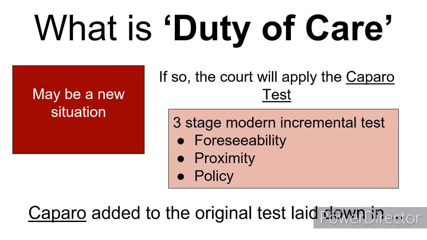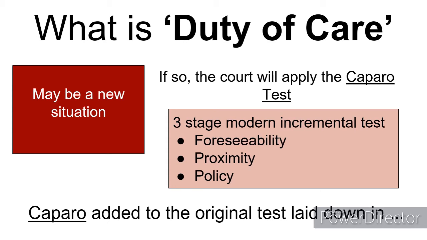So if it's a new situation, the court will apply the Caparo Test. And please note the spelling of Caparo. It's 1 P, 1 R. And this test is a 3-stage test of foreseeability, proximity, and policy. We're going to look in a little bit more detail into those 3 terms.